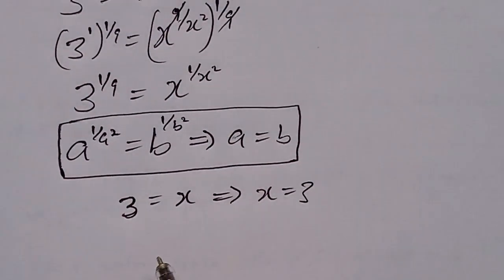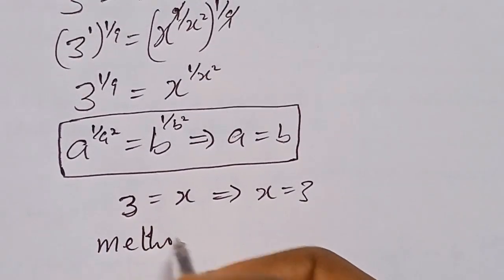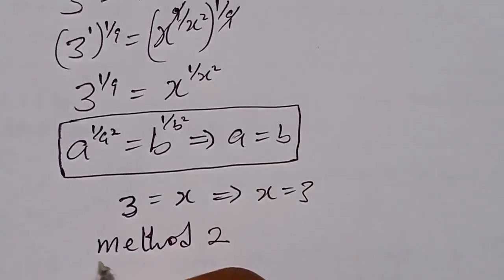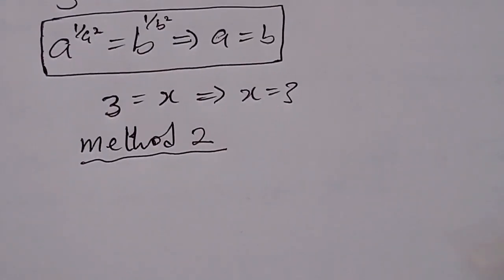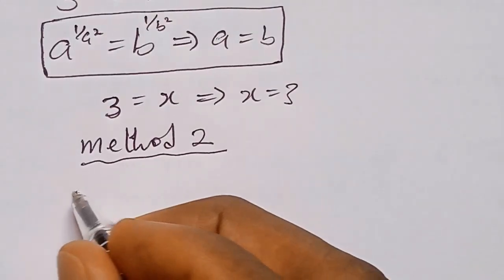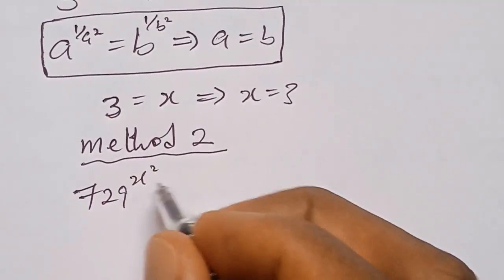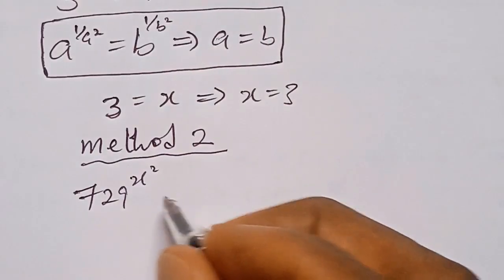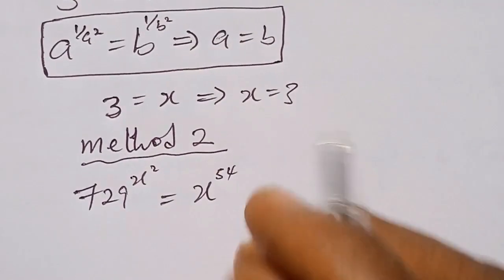That is the first method. For the second method, our question implies 729 to the power of x squared equal to x to the power of 54.